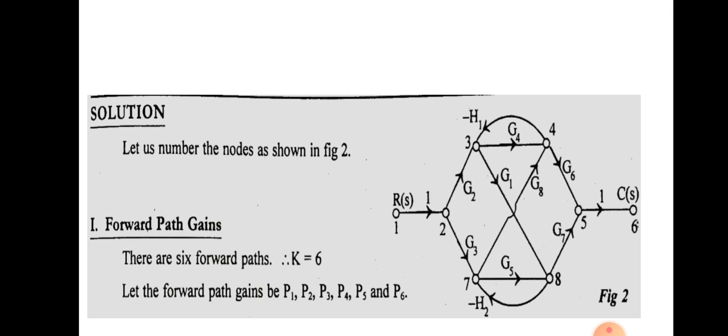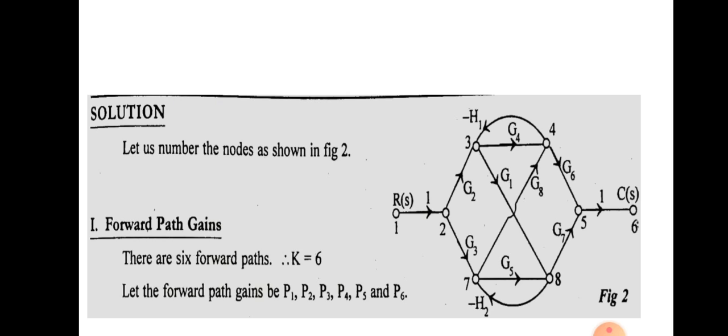You have to go through the signal flow graph carefully, then only will you get the correct forward paths. Starting from node 1, we can go to 2, then 3, then 4, then 5, then 6. That is a forward path. Actually, I am saying the node numbers. So 1, 2, 3, 4, 5, 6 is a forward path.